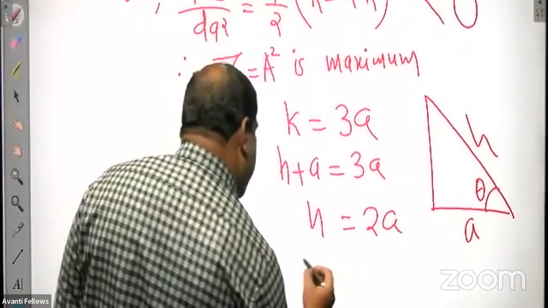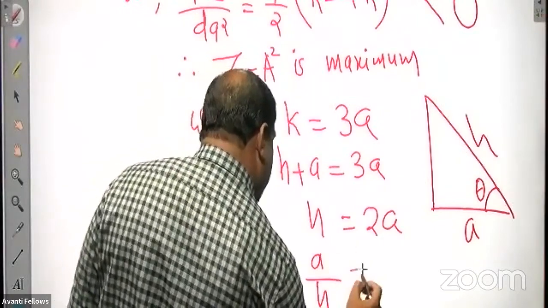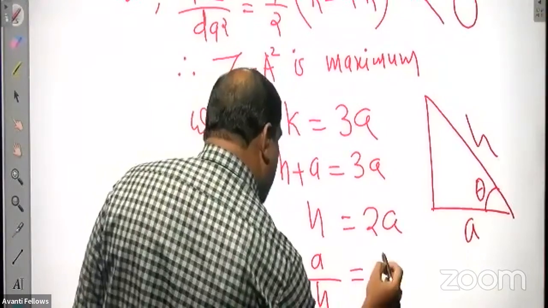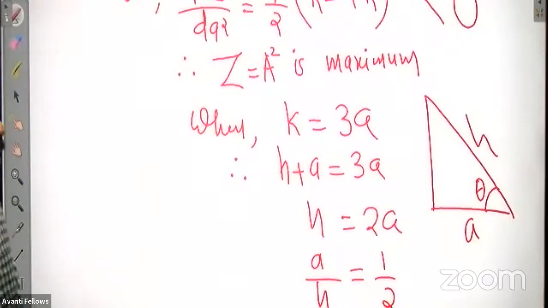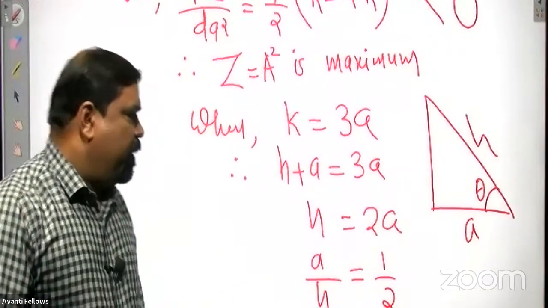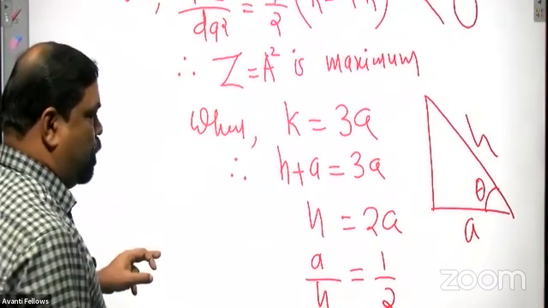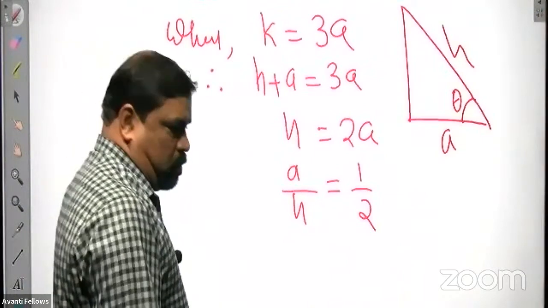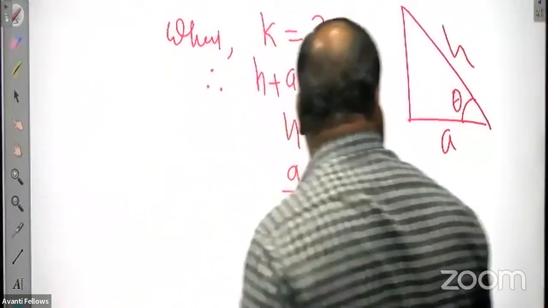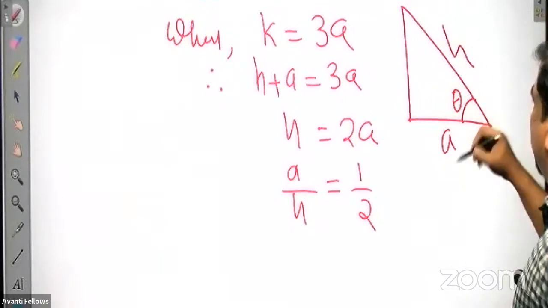So what we can write from here, if h is equal to 2a, what is a by h? A by h is equal to 1 by 2. No? We got h is equal to 2a, so a by h is equal to 1 by 2. Now a by h for this angle theta, what is meant by a by h?